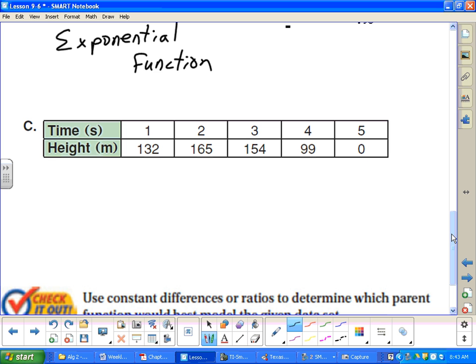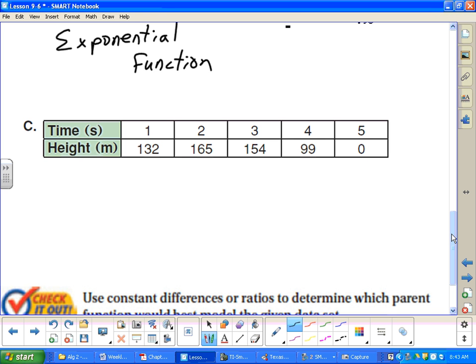Or being dropped, or let's see. At 1 second, it's 132 meters high. At 5 seconds, it's 0. So it's probably something where maybe they're standing on a building, throw an object up, and then it goes up and then comes down.